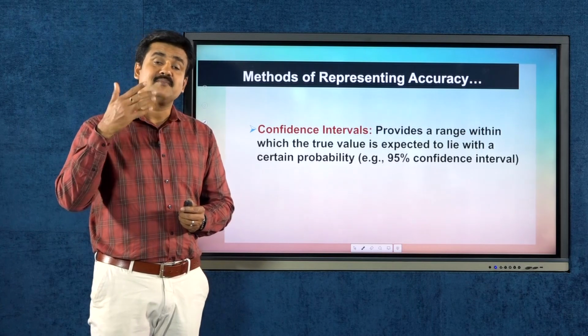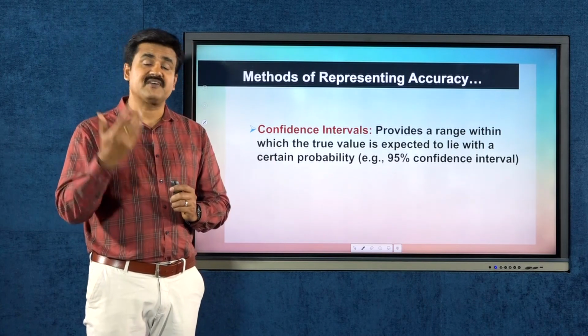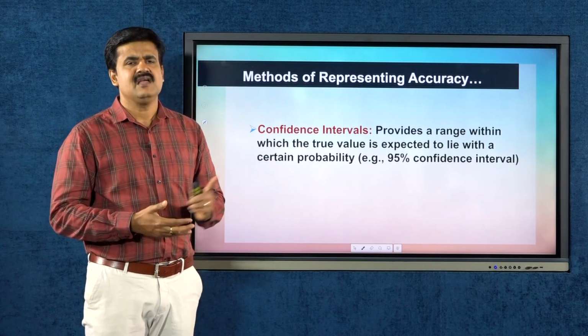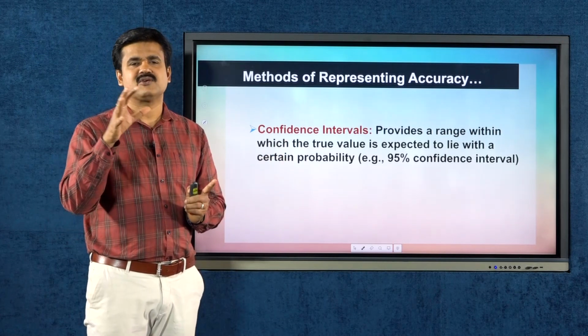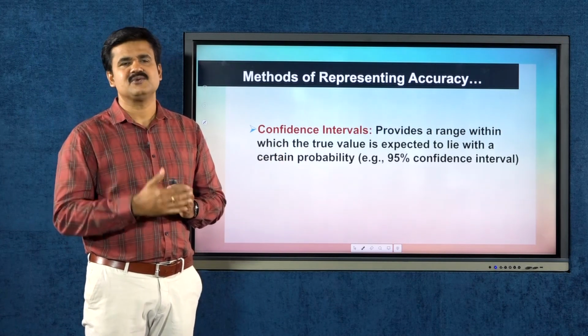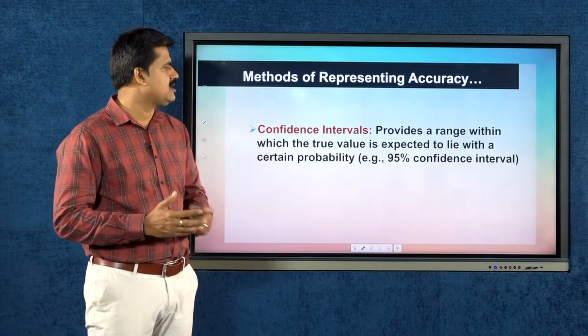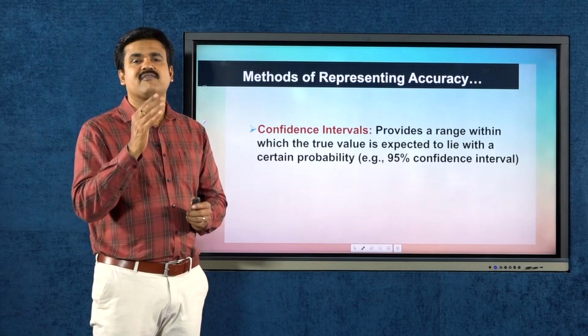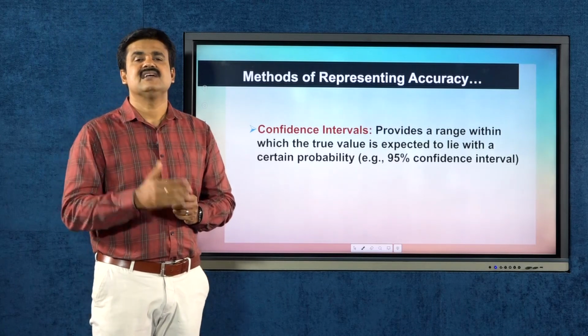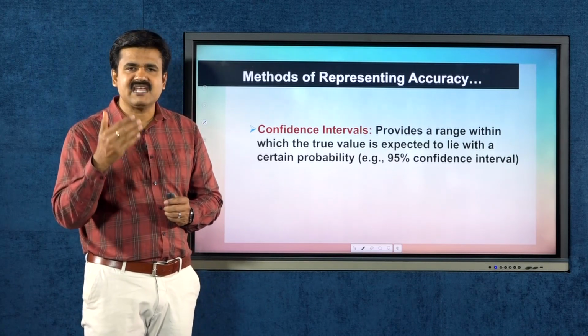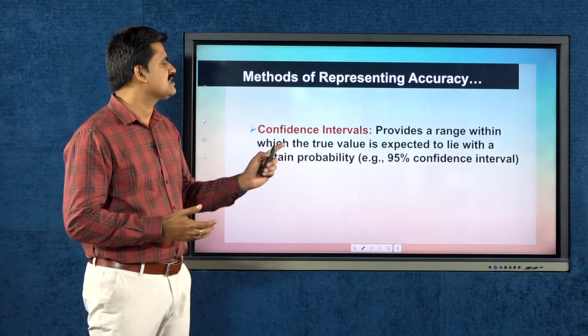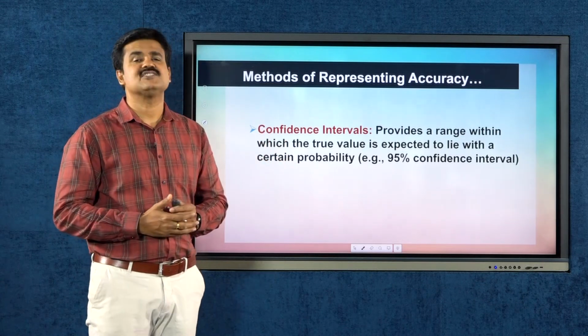You can study more about the concept of confidence interval in your higher classes, but I put it here for convenience, just to familiarize you with the concept. To simply go through the definition, the confidence interval provides a range within which the true value is expected to lie with a certain probability. Example, 95% confidence interval.